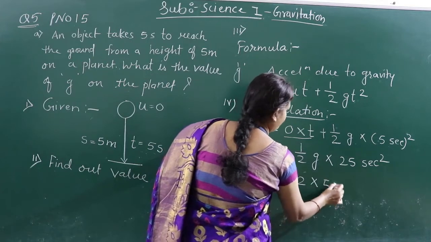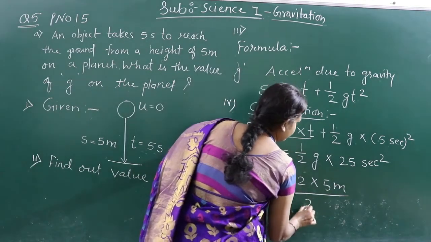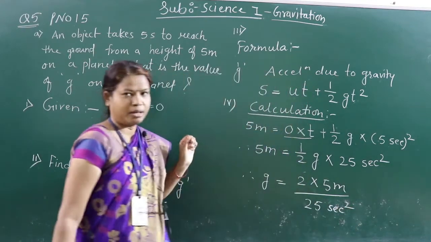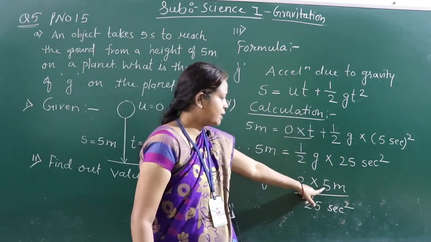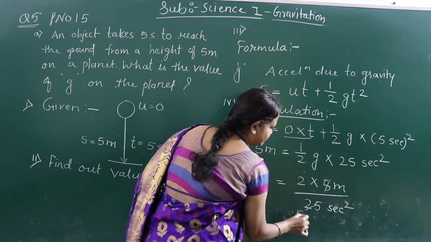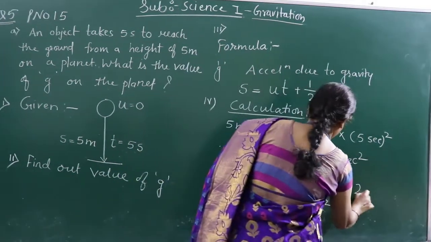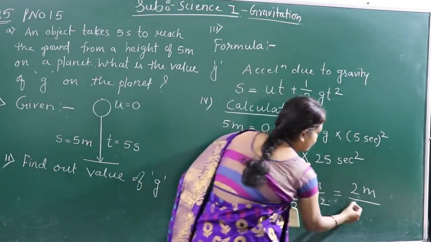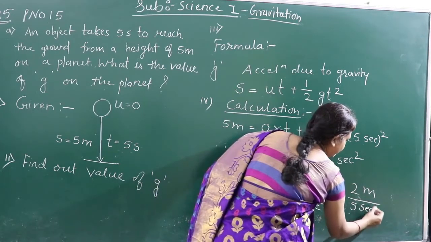So this becomes g is equal to 2 into 5 meter upon 25 second square. If you cancel, then 5 fives are 25, so we get 2 meter upon 5 second square.